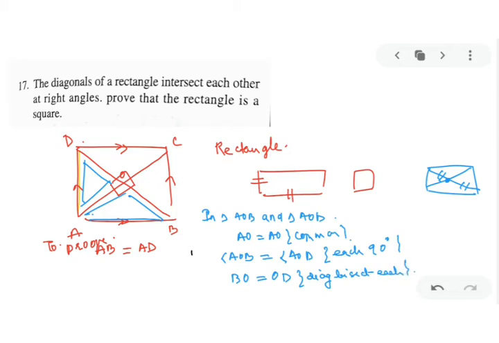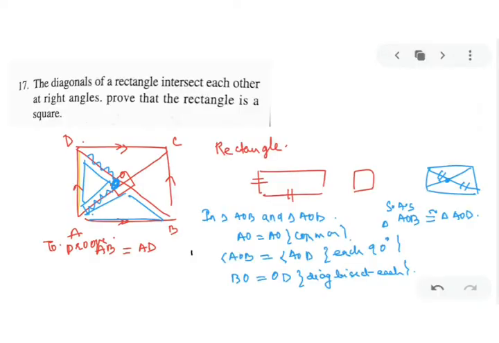Once you got three reasons, which three reasons? Side, angle, then side. So you have side angle side test से two triangles, that is AOB is congruent to triangle AOD.